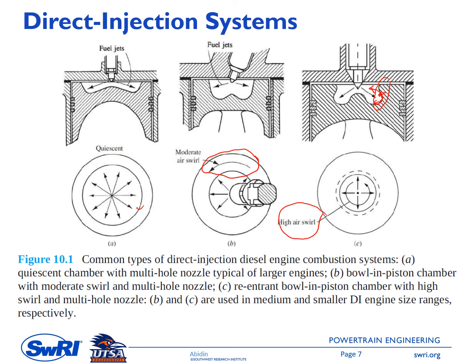Good thing for this re-entrant is it will help enhance the fuel-air mixture, but compared to the open chamber on the system of A, this re-entrant piston has a higher piston surface area, which is not good from the perspective of wall heat transfer through the piston.